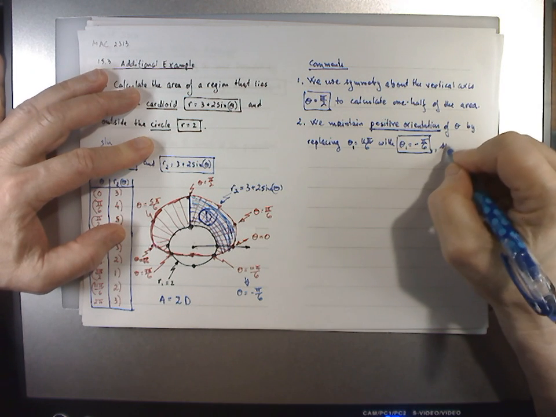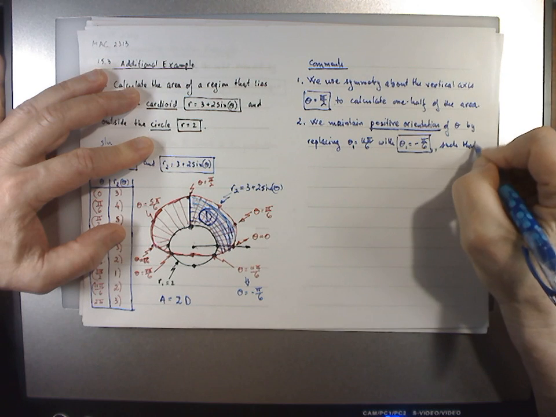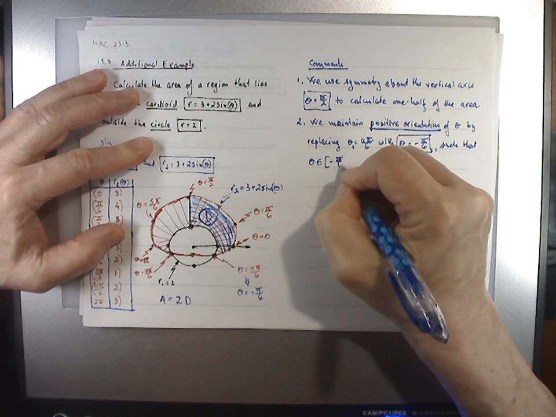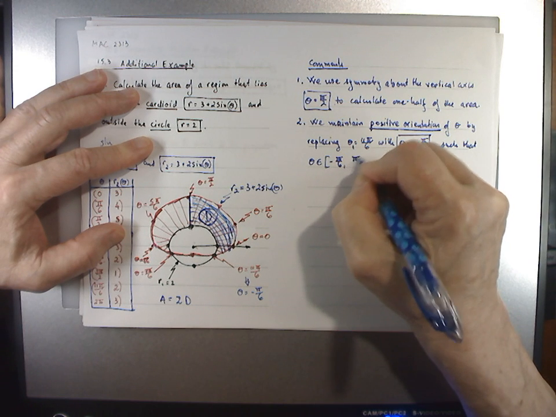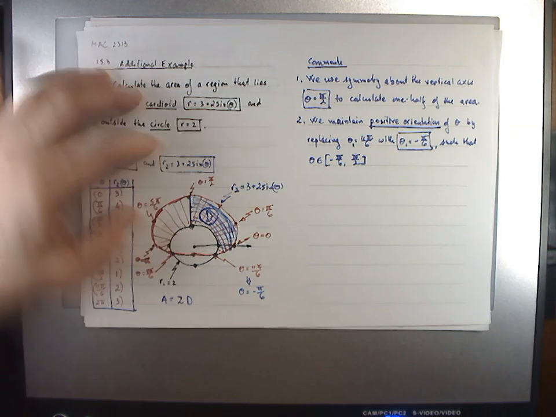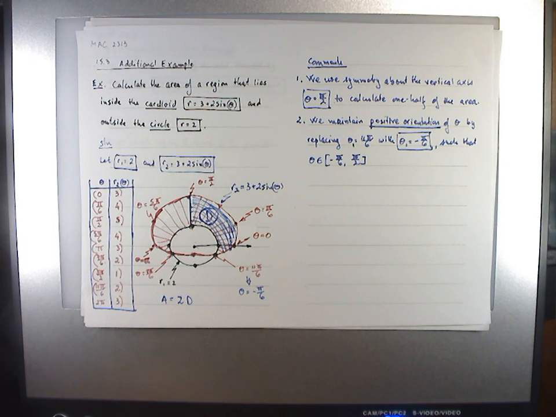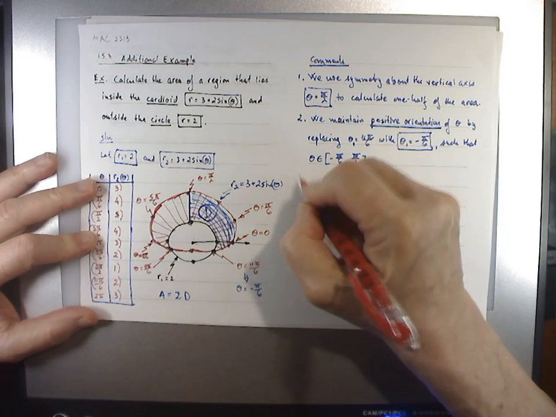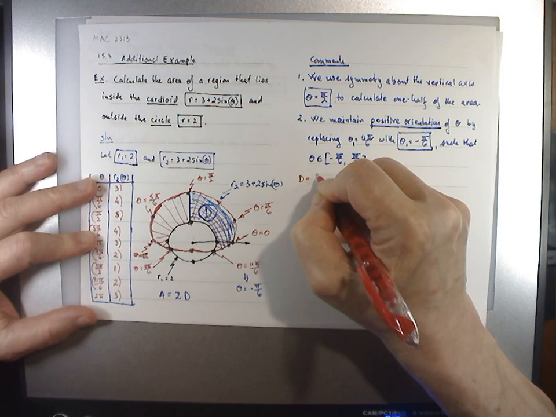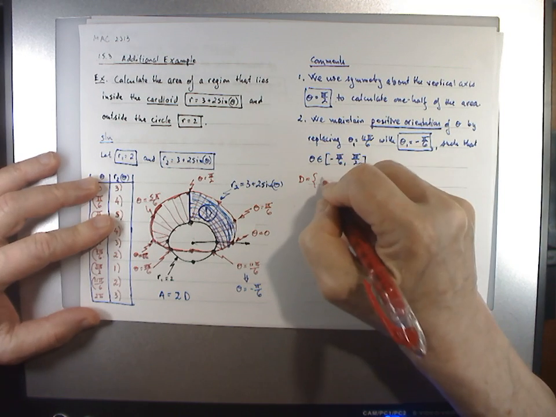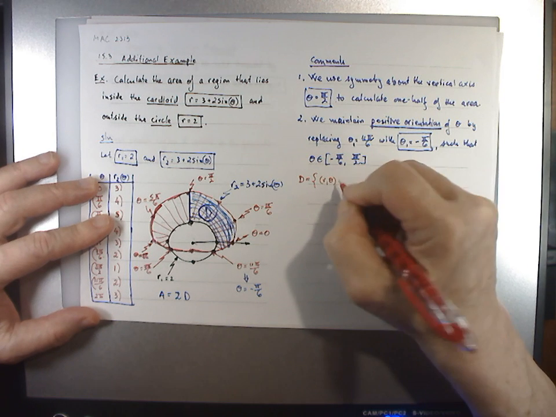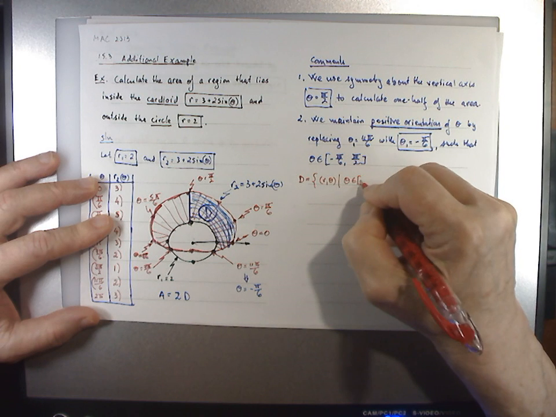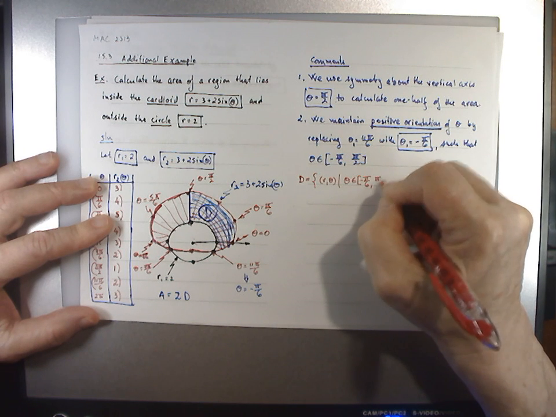So now the boundaries of theta will be the following. We're going to say that theta runs from negative pi over 6 to pi over 2. So at least pi over 2 will be a little bit easier to evaluate. So let's see what the region D is, in the way we write it. D will be the set of all points (r, theta), such that theta runs from negative pi over 6 to positive pi over 2.